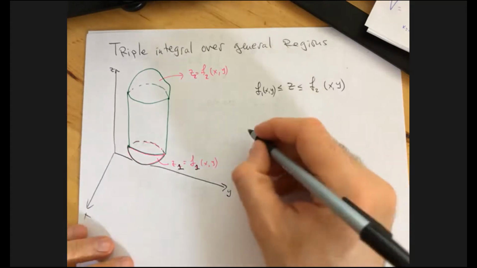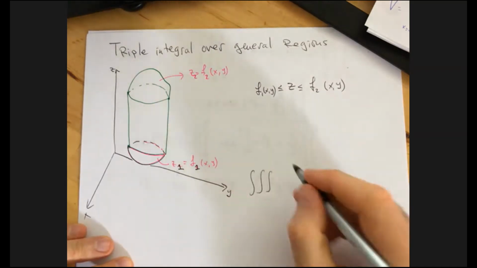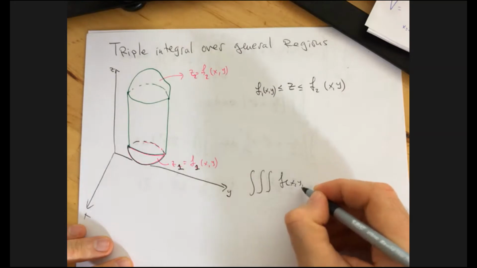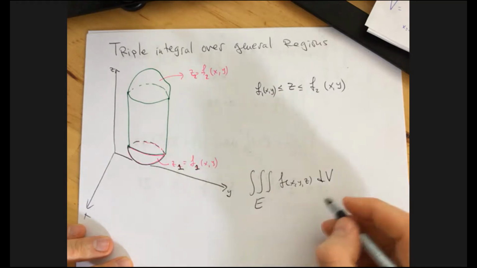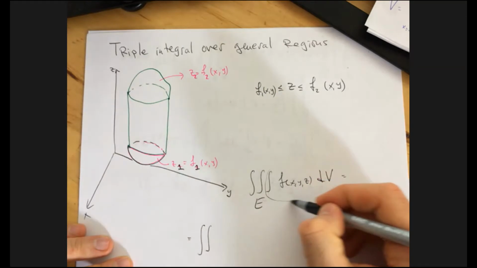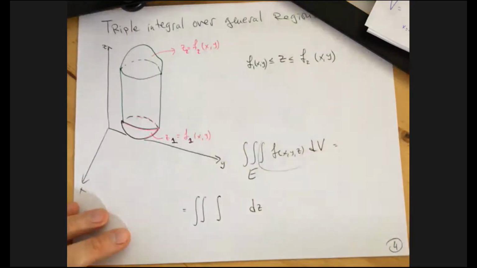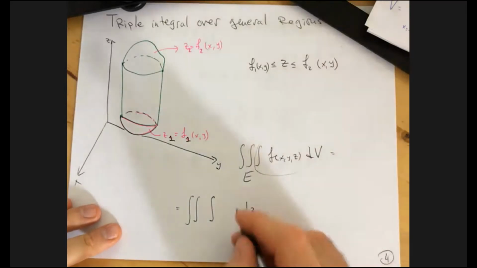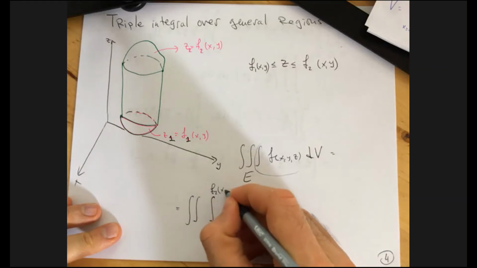So you're going to start with this integral. So the integral over f of x, y, z dV over the region E in 3 dimensions is going to be evaluated so that the first integral that you define is going to be z. So you're going to first integrate with respect to z, and that's bounded between f1 and f2 in terms of x and y.